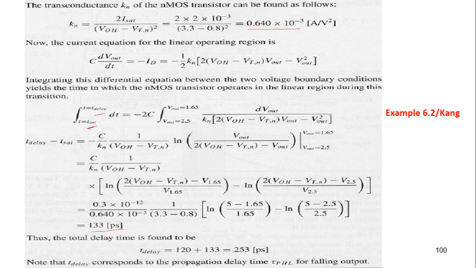So the total delay will be the combination of 120 plus 133, that is around 253 picoseconds. So this is a straightforward application of the formula to calculate tau PHL, noted here as tau delay.